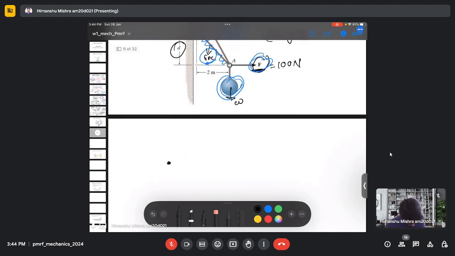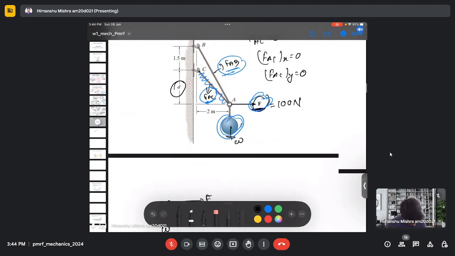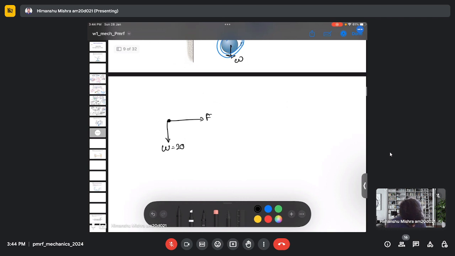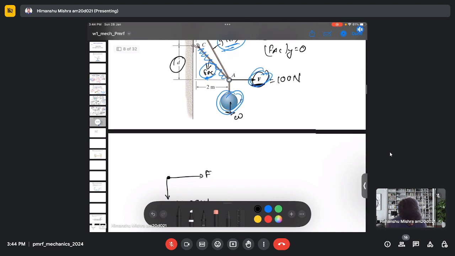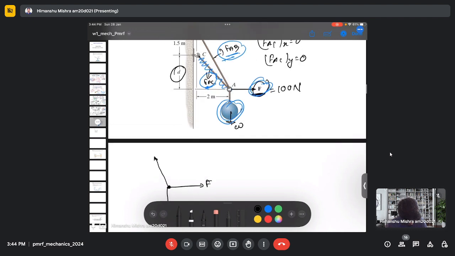There will be force F here, and this will be the weight, which is 20 kg. And then there will be some force, which is force AB, acting at angle theta.